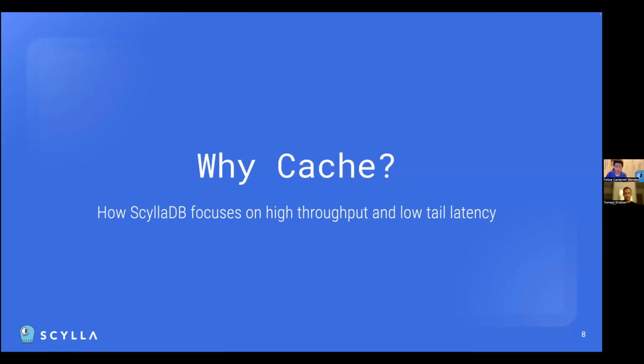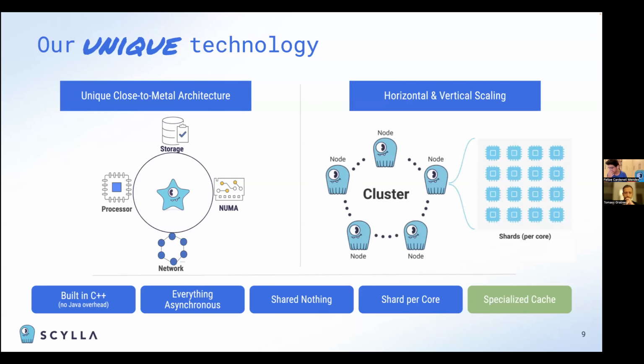All right? So at this point, you are probably wondering, what does ScyllaDB, a persistent database, have to do with caching, right? It turns out that caching happens to be a core component of ScyllaDB's architecture.